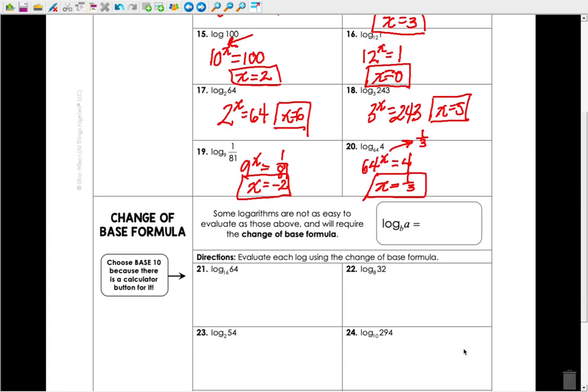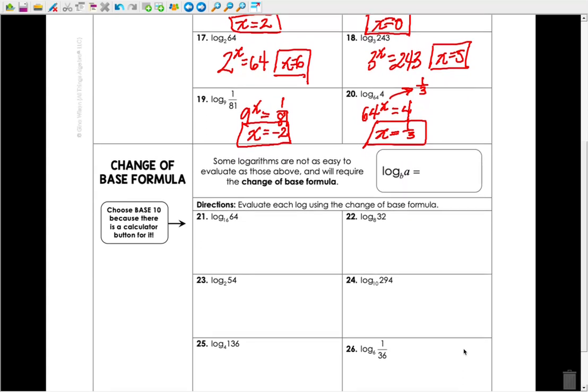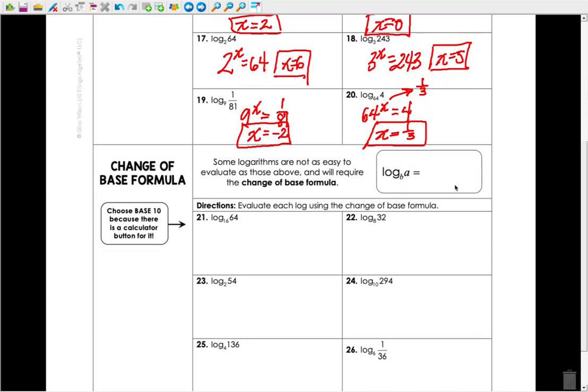Some logarithms aren't as easy to do and require what we call the change of base formula. When this happens, we simply use our calculator to calculate it, and we are going to take whatever we have for our log base of A and divide by our log base B. So in this case, if I were trying to solve this, keep in mind that this is basically saying that I want to know 16 to what power would give me 64.